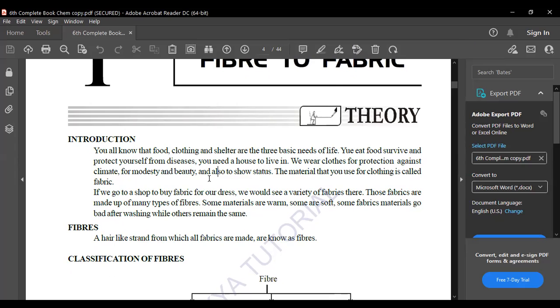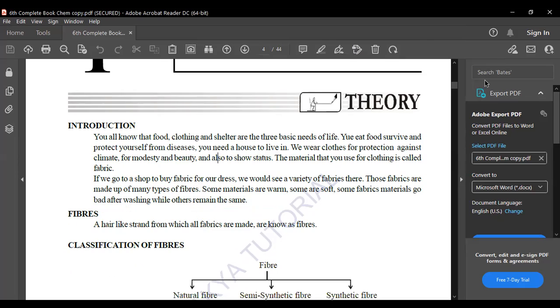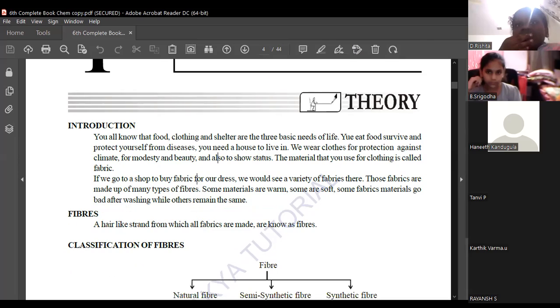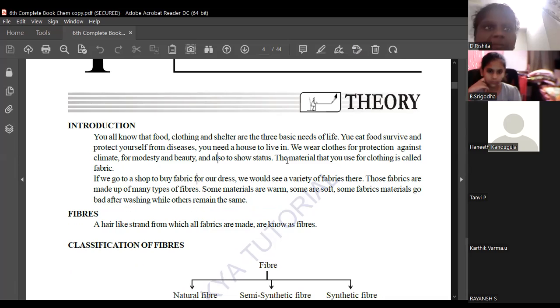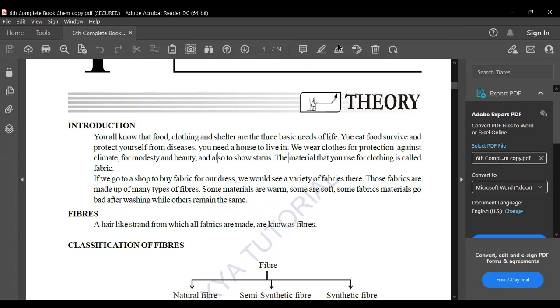Advaika, read this introduction part. You all know that food, clothing, and shelter are the three basic needs of life.